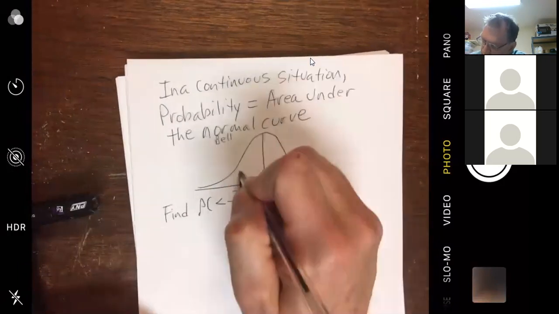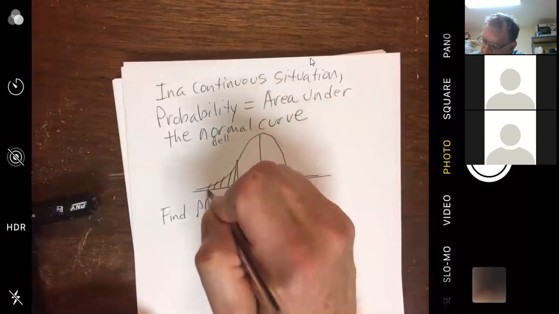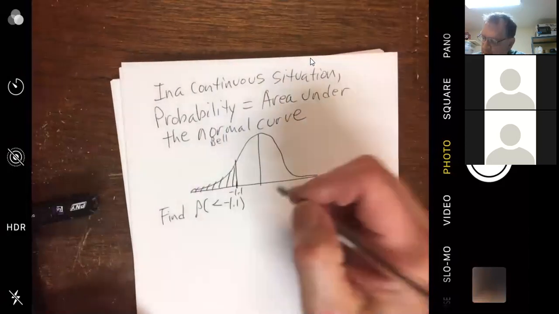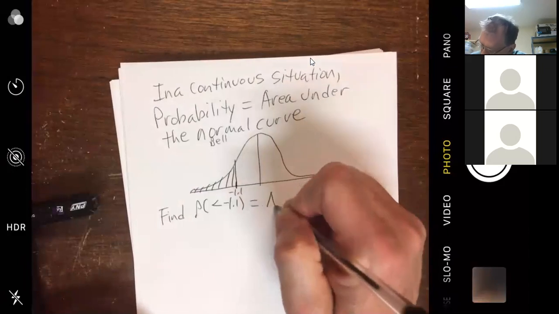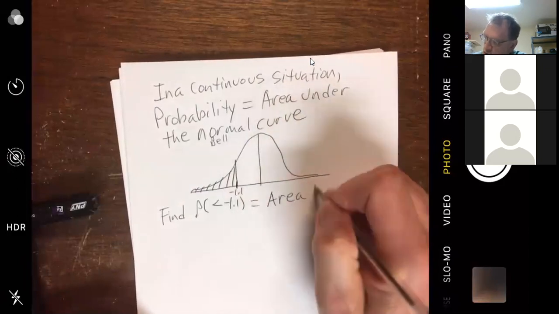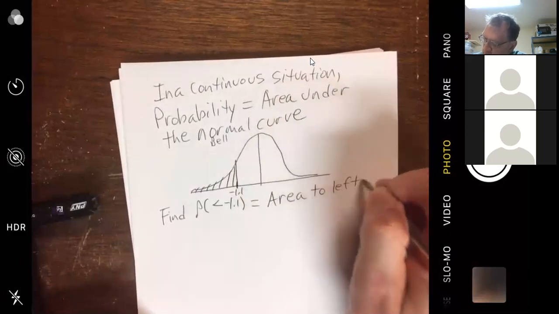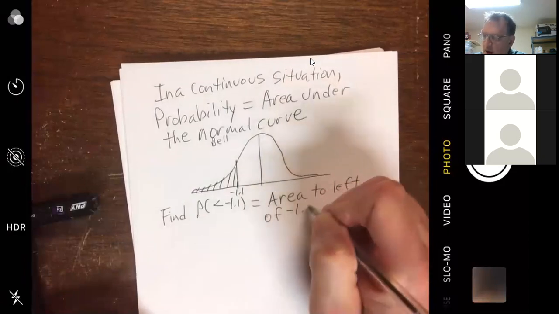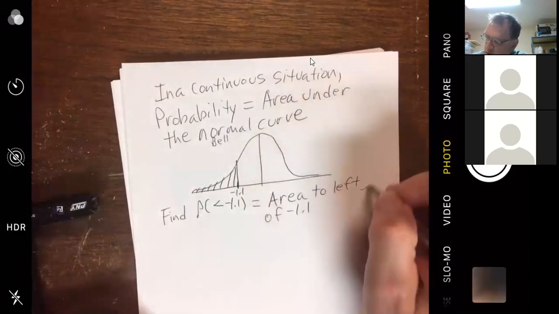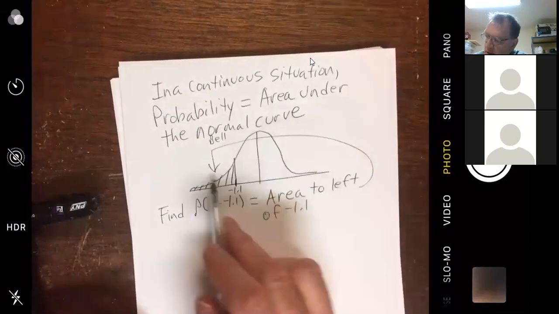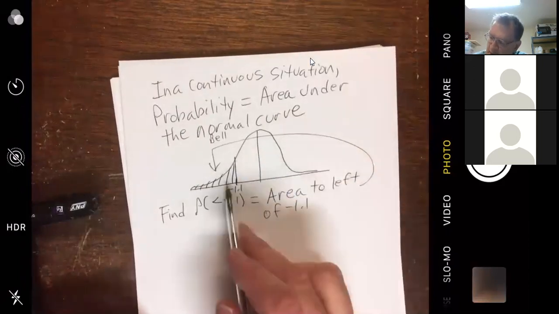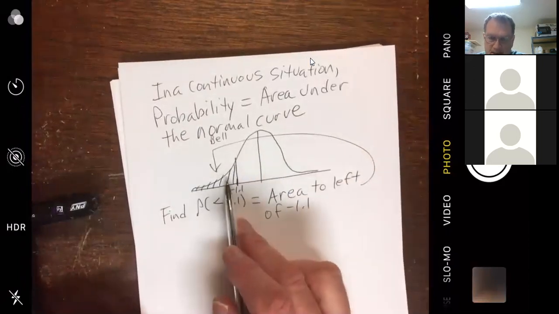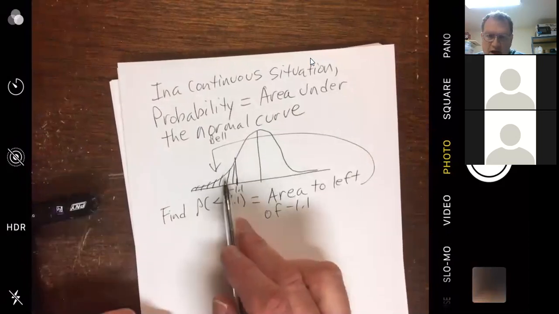And what they mean is this area equals the area to the left of negative 1.1. I'll point to it, this area. And so we're going to be drawing a lot of these diagrams and shading to zero in on this area.